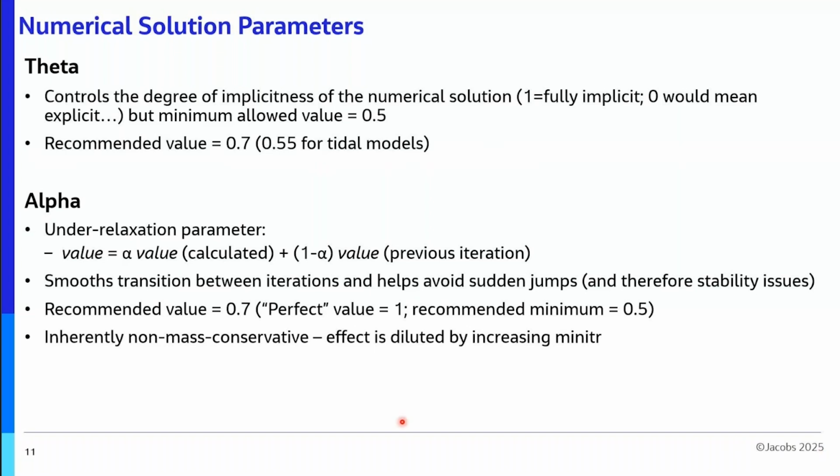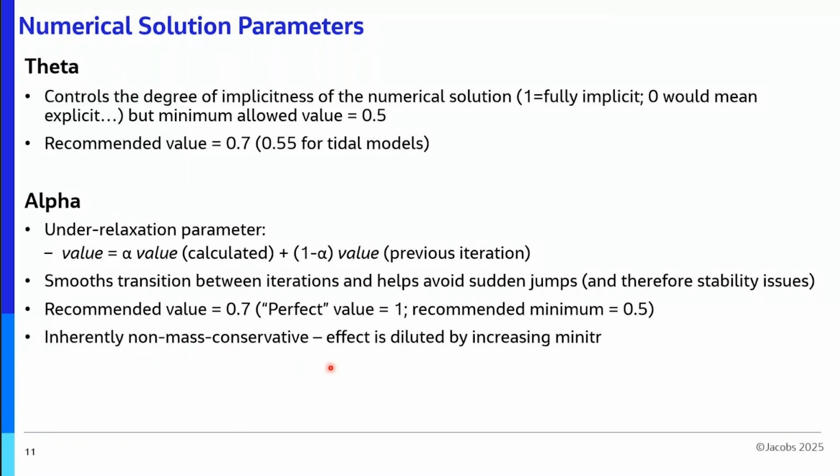What I'm trying to say here is that because you are partially using the previous iteration, a changing alpha inherently introduces some mass conservation error.